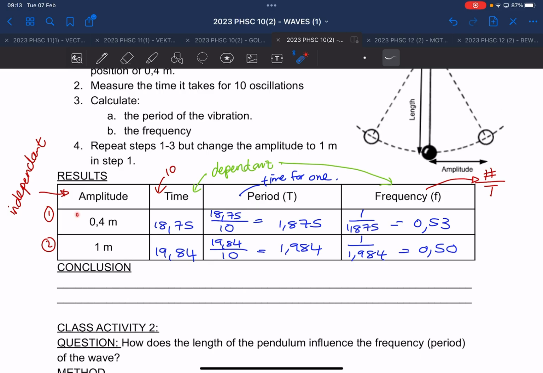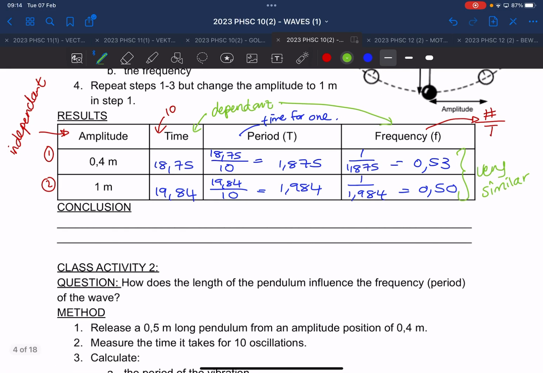Okay, so as the amplitude increased, as it got bigger, what happened to the frequency? Did it increase? Okay, what did I just say? They are very similar. They're very close to one another. They're almost the same. Yes?